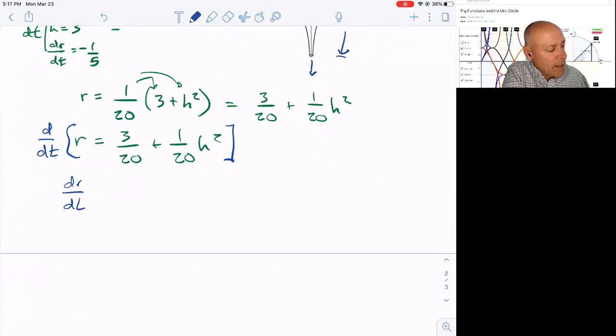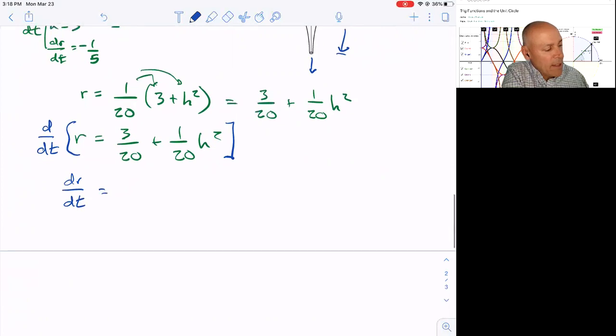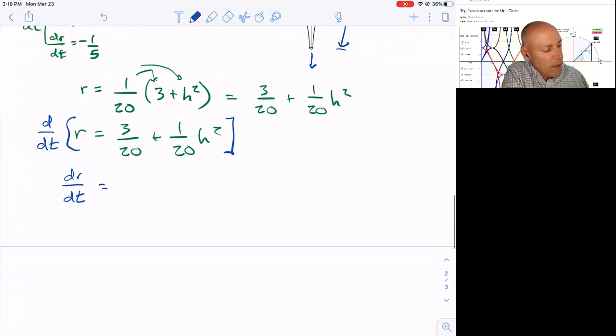I'm going to get dr/dt on the left side is equal to d/dt of 3/20, that's a constant, so that's 0. Now it's just the power rule. So this is going to be 2 times 1/20, which is 2/20 h, subtract 1 from the power, but I'm not done, times, you know it, dh/dt.